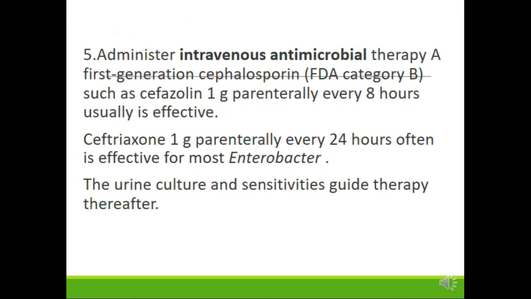Also administer intravenous antimicrobial therapy with a first-generation cephalosporin, which is category B: cefazolin 1 gram parenterally every 8 hours, and ceftriaxone 1 gram parenterally every 24 hours is often effective for most Enterobacter. Urine culture and sensitivities guide therapy thereafter.